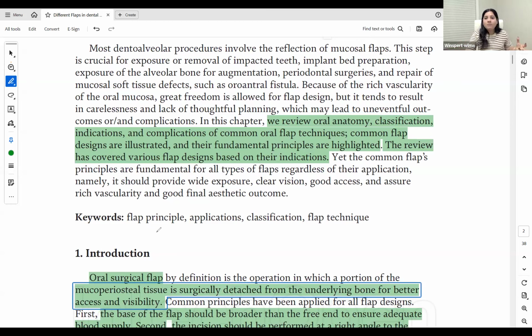And then common flap designs, which will be shown as diagrams as well, and their fundamental principles. What are the indications? And in which procedure, which flap you're going to use. So I hope everybody is ready to learn those various techniques and indications.